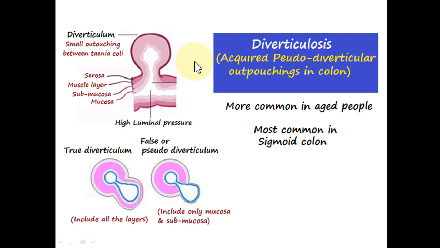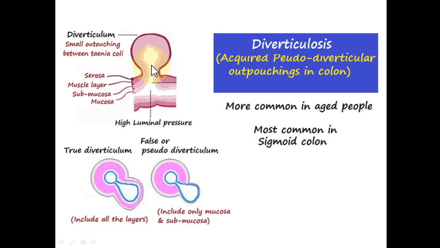So the two important points that determine the formation of diverticula are the increased, high intraluminal pressure in the large intestine and the weakened portions in between the tinea coli. And here we will particularly discuss the blood vessels, the nerves and their sheaths that enter through the circular muscle layer to enter into the large intestinal wall.